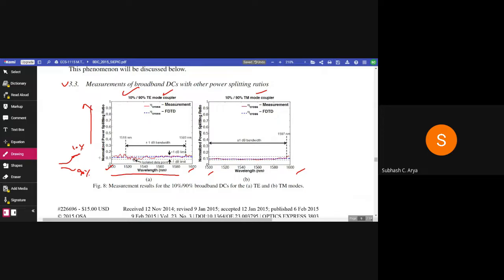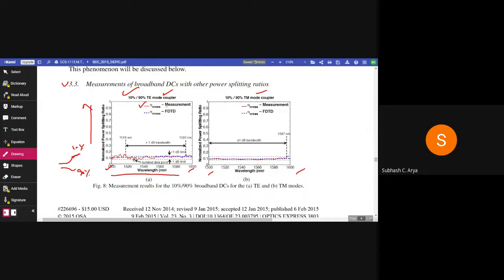So 10% has been assumed here, so you can say 0.1 is the normalized power. This dark red line is the measurement, and this is the simulated one, FDTD, that's the dashed green. The simulated one you can see is giving exactly 10%.